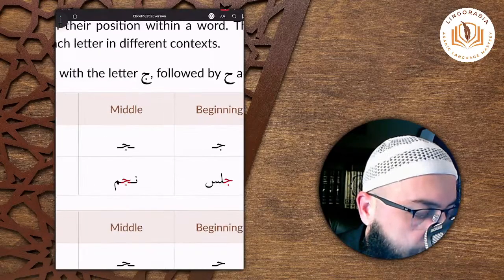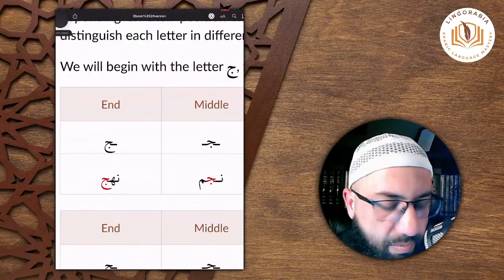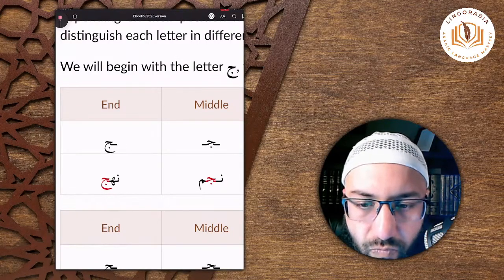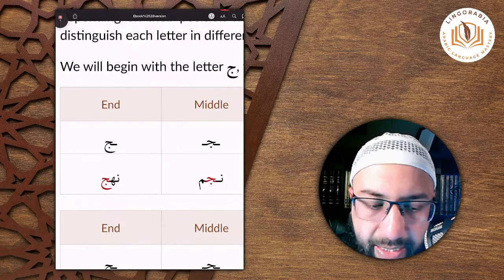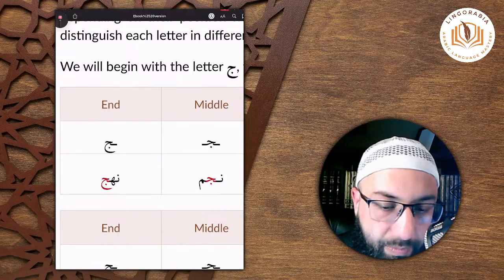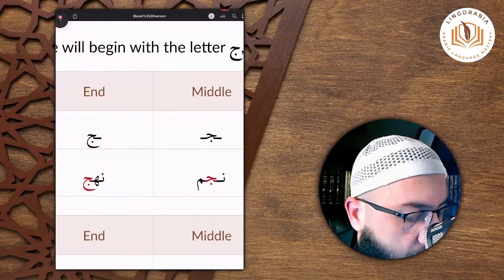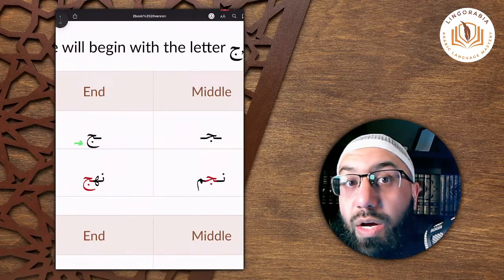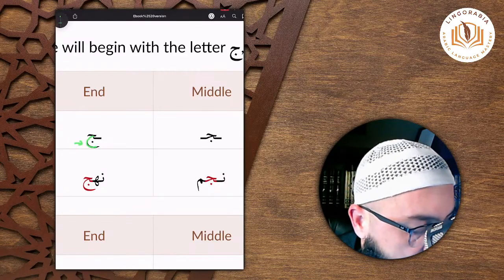And then you got the jim at the end. What we see here is the jim at the end. Now it came back to the original shape. Why? Now we can write the lower part.